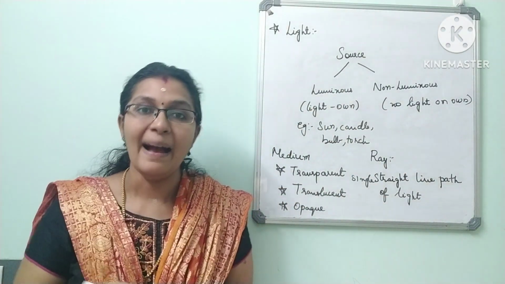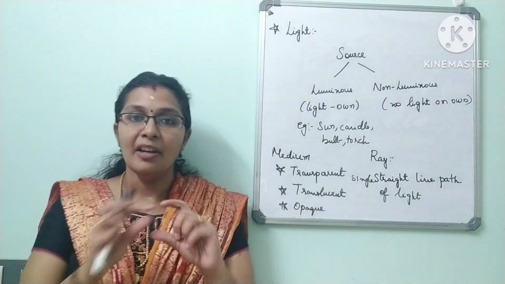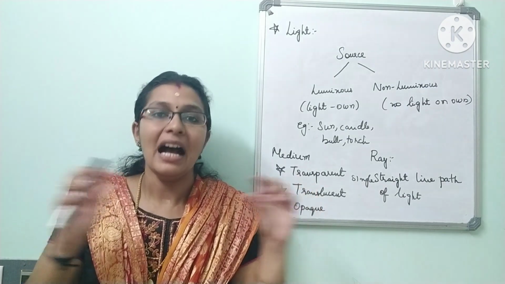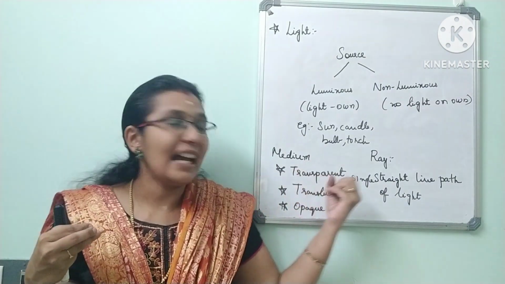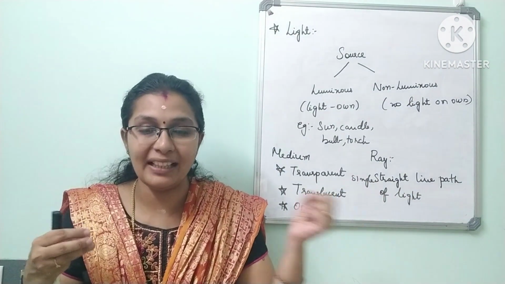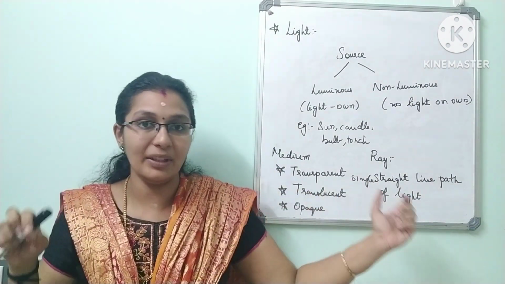You might have heard beam and ray. A ray we usually represent by a single line, representing the direction or the movement of the light.